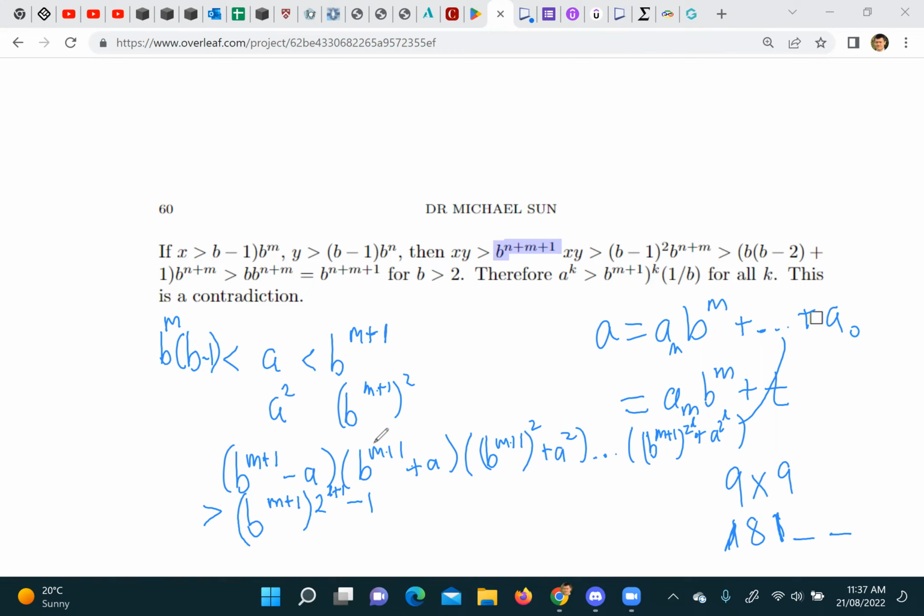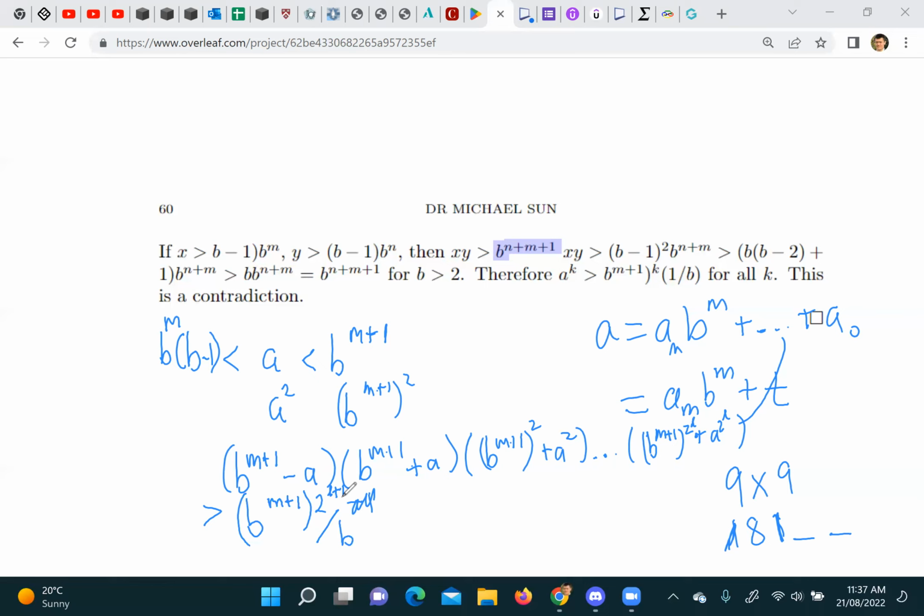Wait, is it minus 1 or minus b? It's minus. I think they have to work.